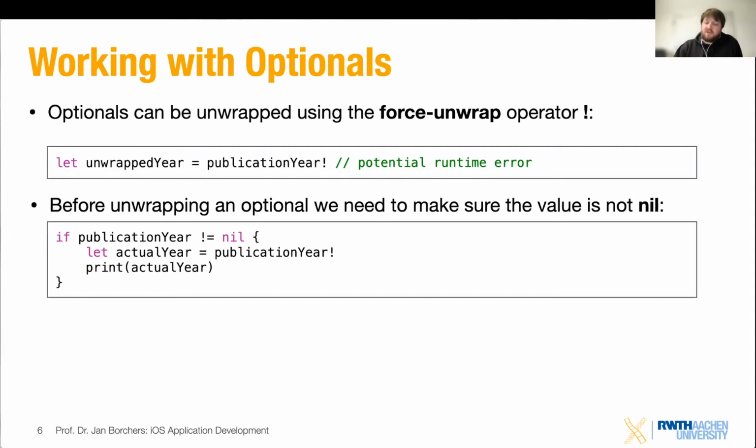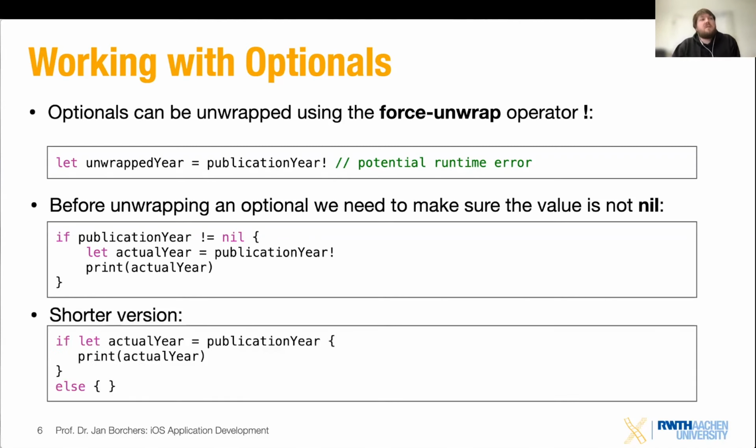So there's a shorter version where you combine all these lines essentially into one if statement, where you use the if-let structure that you will see quite often in Swift and all the frameworks for iOS. What this code does is both check whether there is a value assigned to that optional, and directly assign it.